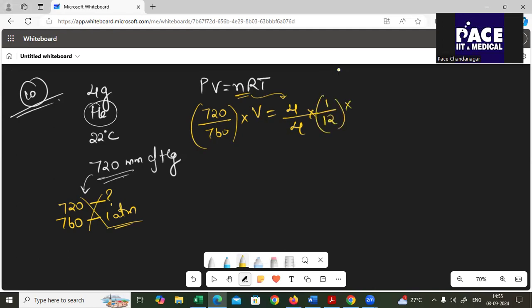In case my answers are not very close to each other, then you can take it as 1 by 12. Otherwise, if they are close to each other, no other option, 0.0821 you have to take. And then temperature is given here as 22 degrees Celsius, so it is 273 plus 22. Don't forget this calculation. So that would be 295 Kelvin. So the only unknown term left is your volume. You would get your volume there.